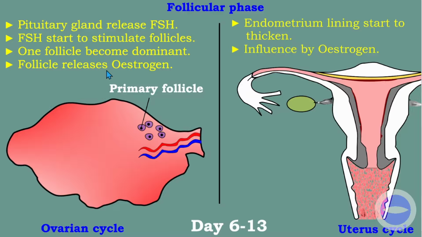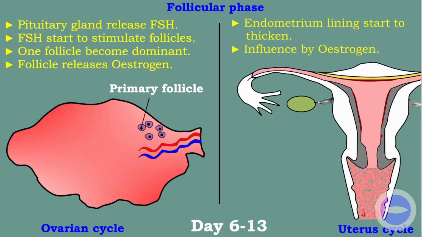This estrogen that is released in the ovary influences the endometrium to start thickening, because the endometrium was very thin, so the estrogen will influence it to grow.